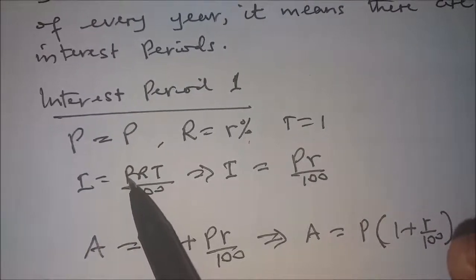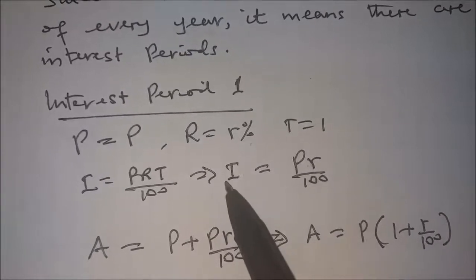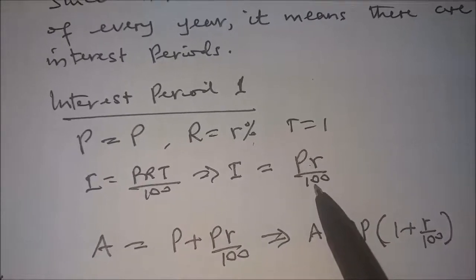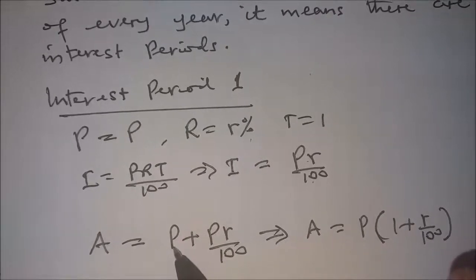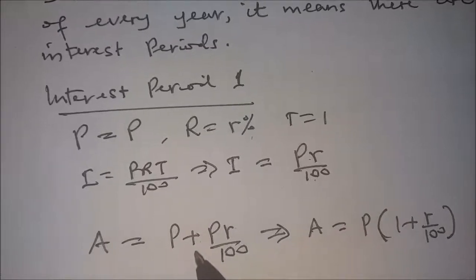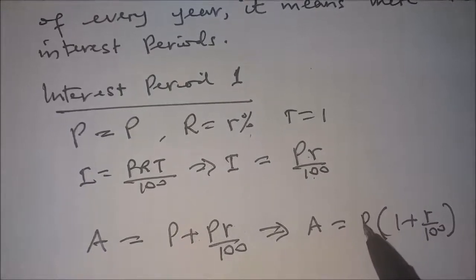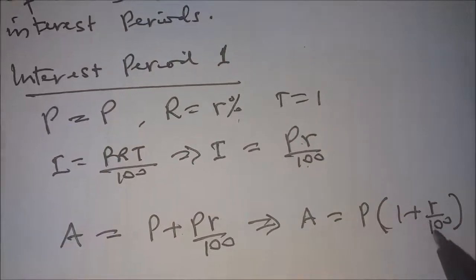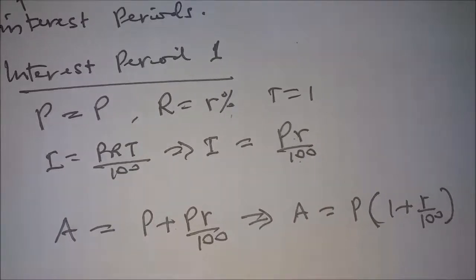Our principal is P, our rate is small r, and so our interest for interest period 1 is PR over 100. The amount at the end of that period will be principal plus interest. In this expression, which is algebraic, you can see P is common, so we bring P out and we have amount as P into 1 plus R over 100 as the amount at the end of interest period 1.